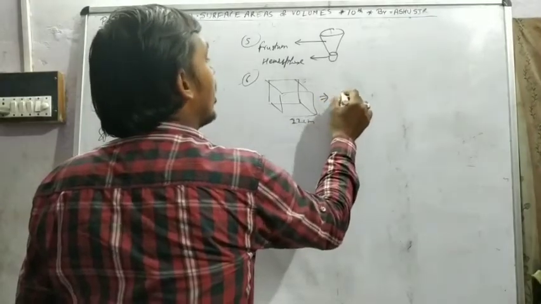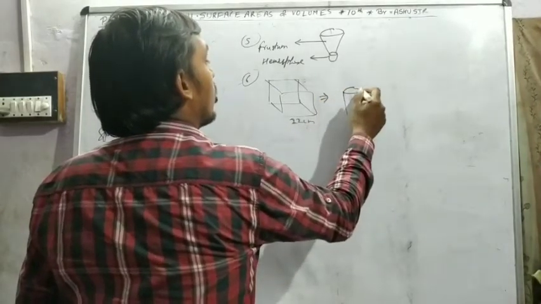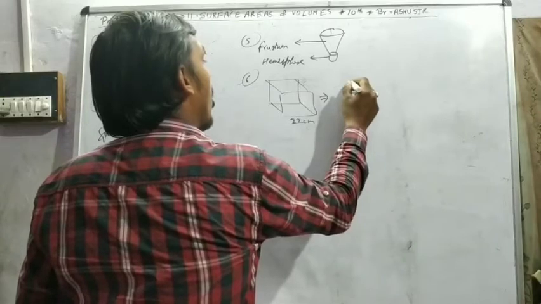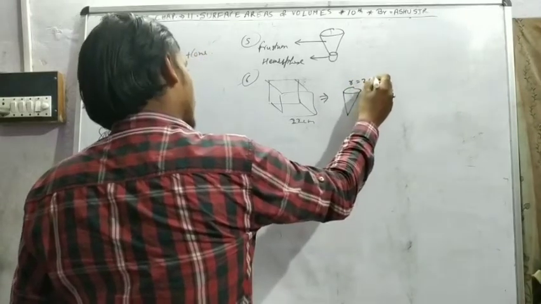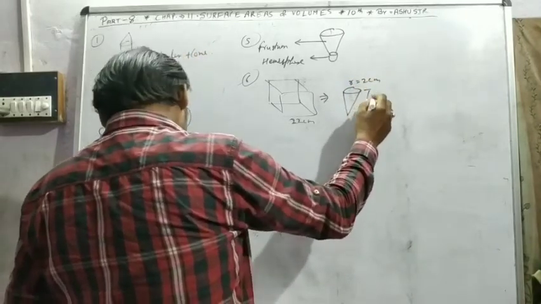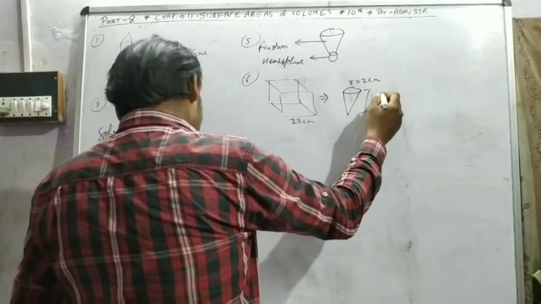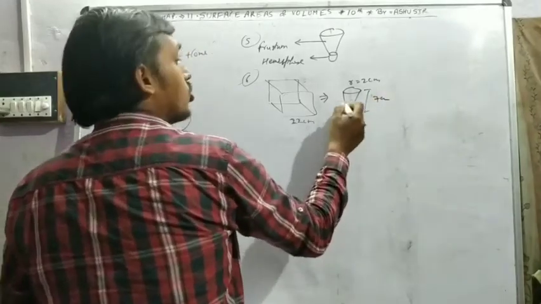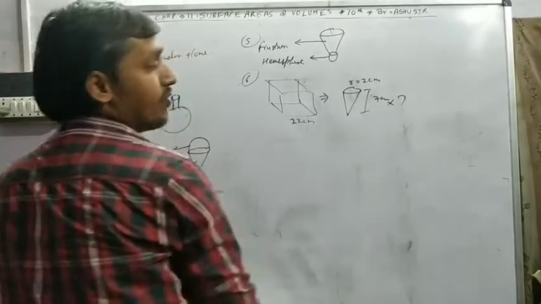It is filled into the conical shape of radius 2 cm and the height is 7 cm. So how many ice creams can be filled?